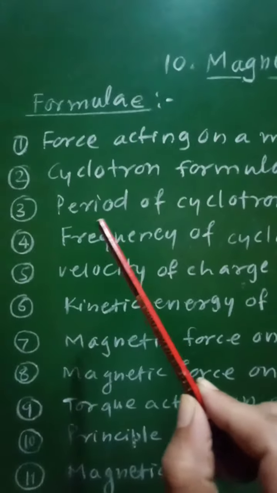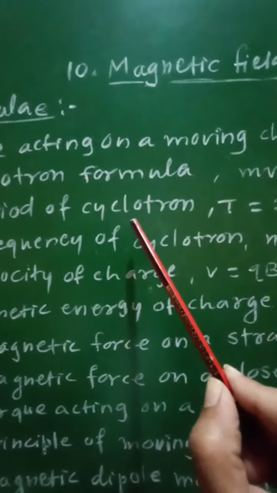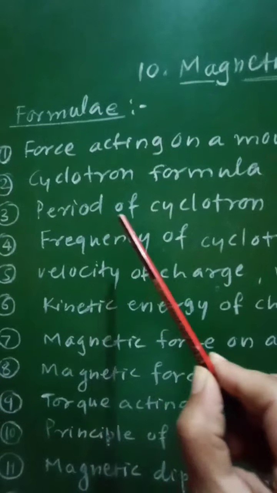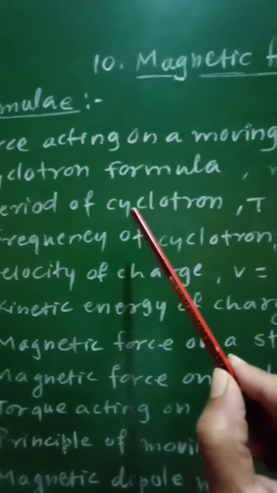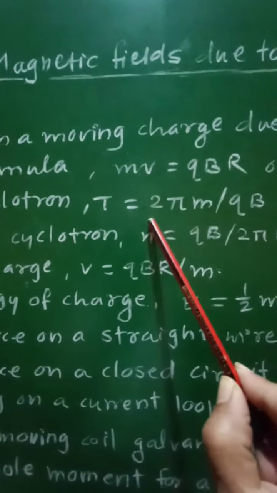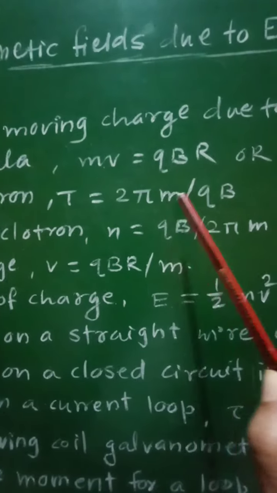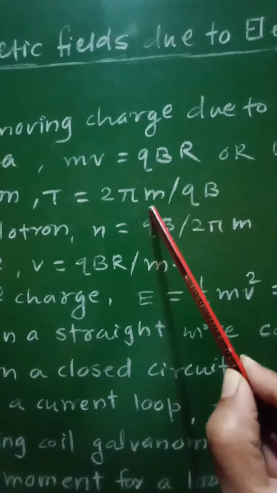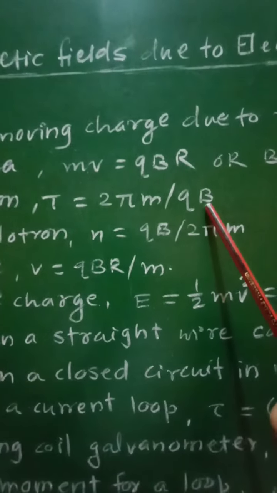Third formula is for period of cyclotron. When any charge is revolving in cyclotron, then the period T is equal to 2 pi m upon q B.